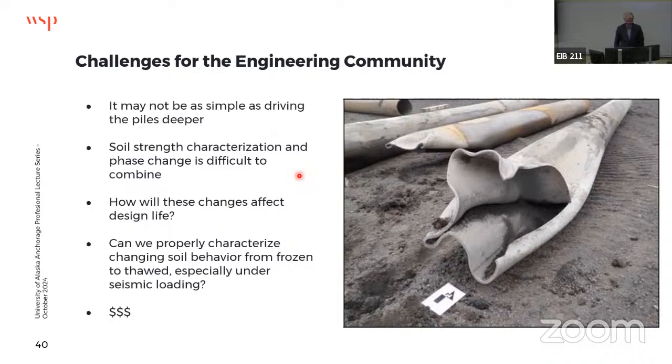And so then how will these changes affect design life, right? You anticipate a 50-year design life, you anticipate a 75-year design life. But is that a reasonable design life anymore in an area where the properties of the soil are changing from year to year to year?